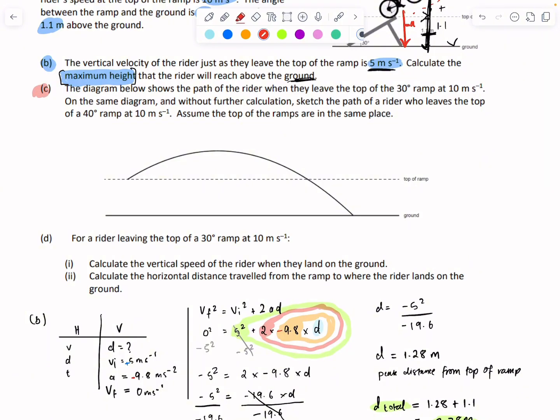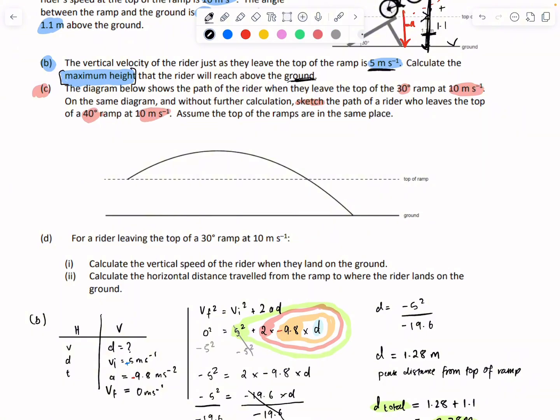The diagram below shows the path of the rider when they leave the top of the ramp at 30 degrees at 10 meters per second. So this is the resultant velocity, the combined velocity, which incorporates the horizontal and vertical components. On the same diagram, and without further calculation, sketch the path of the rider who leaves the top of the ramp at 40 degrees at 10 meters per second.